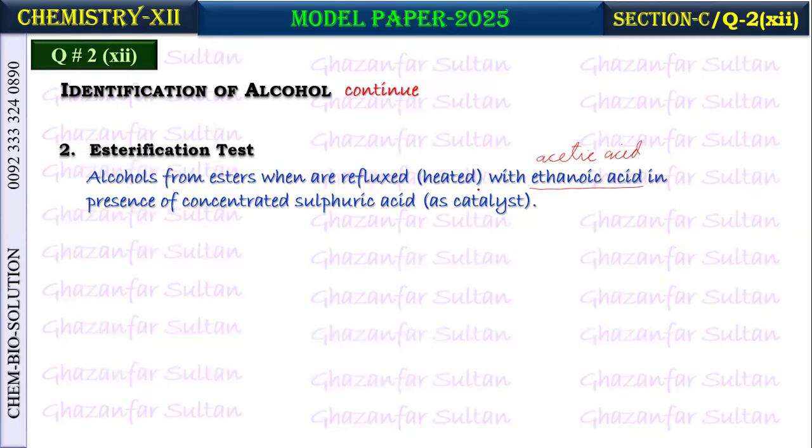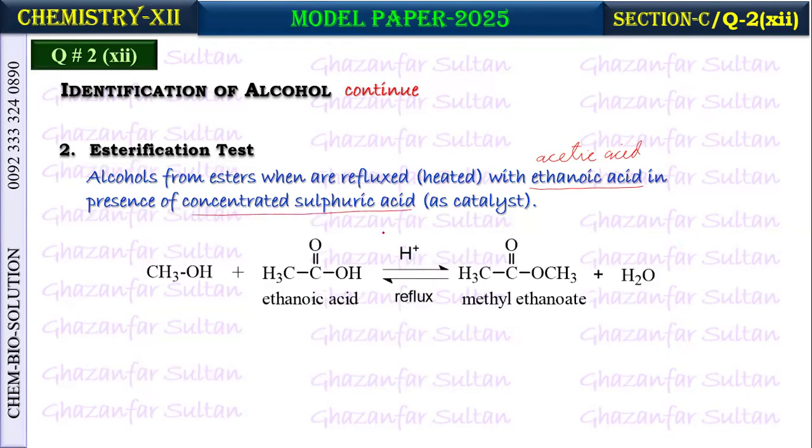So we use this, and we reflux with concentrated sulfuric acid, which is used as a catalyst, and this is a reversible reaction. So in the presence of concentrated acid, when we react our sample compound with acetic acid, ethanoic acid, then it produces methyl ethanoate that gives a fruity smell.